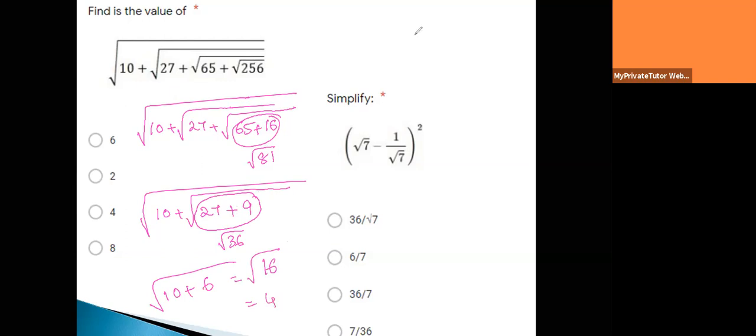What about the next one? Anyone wants to try the next one? Okay. You might have learned the a minus b whole square formula. We need to use it here.